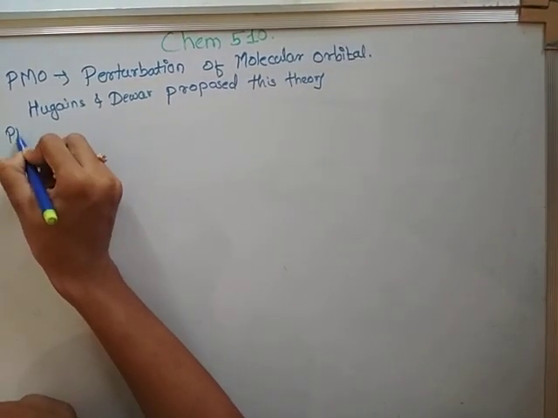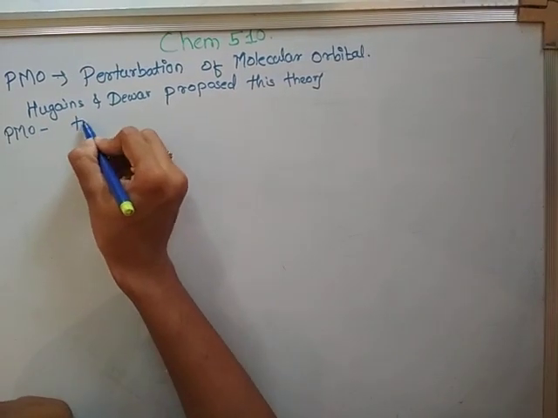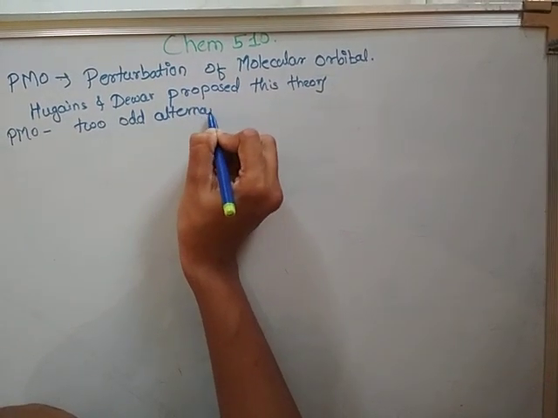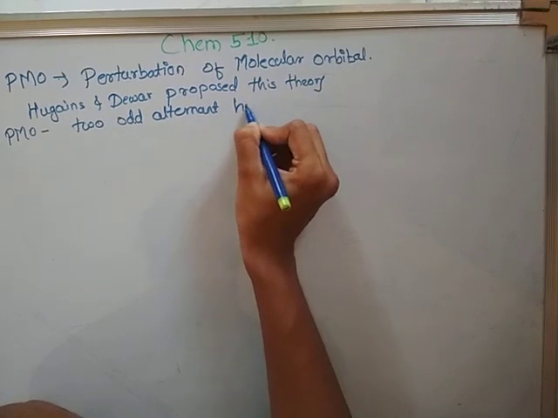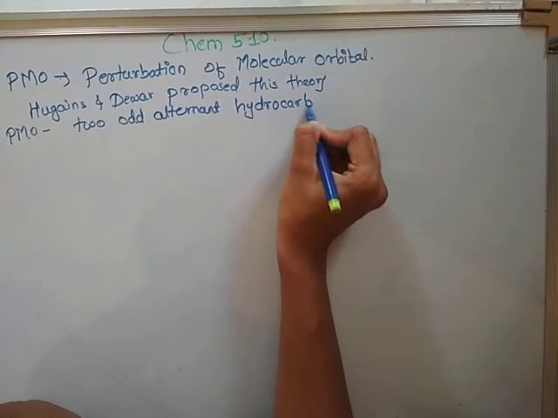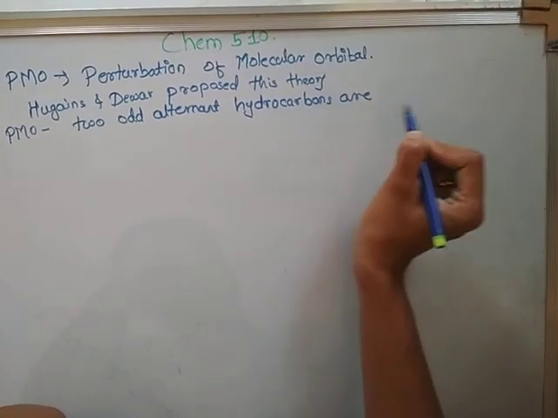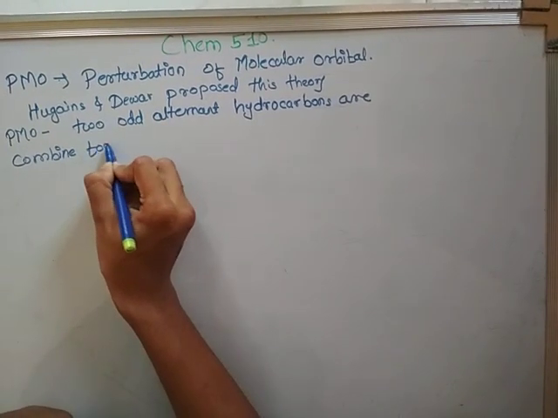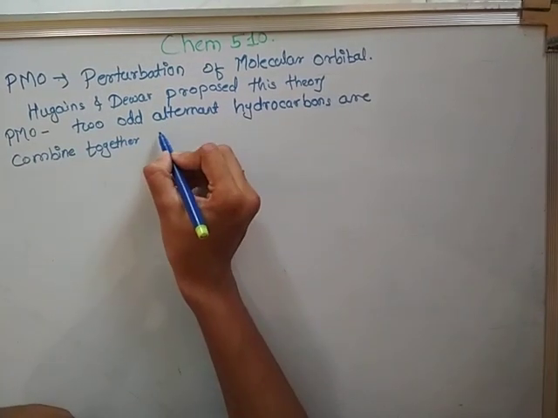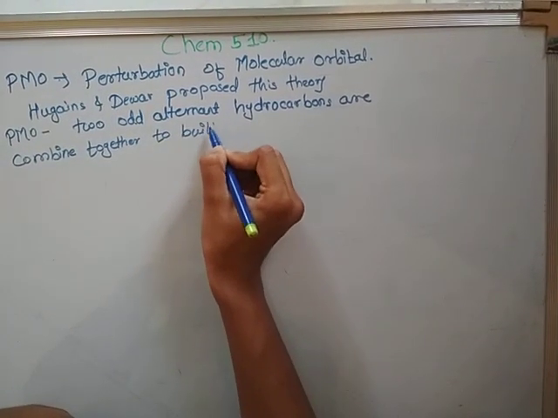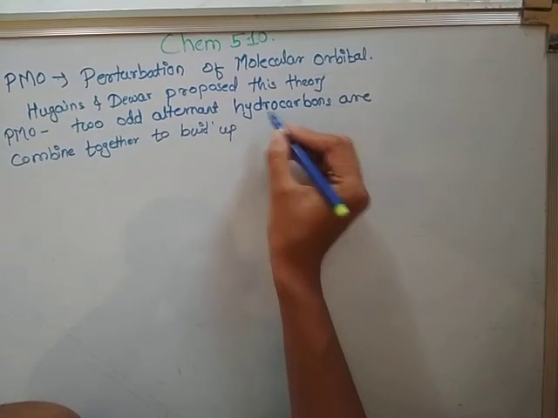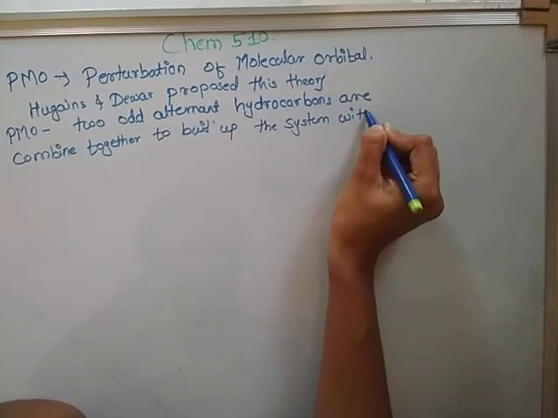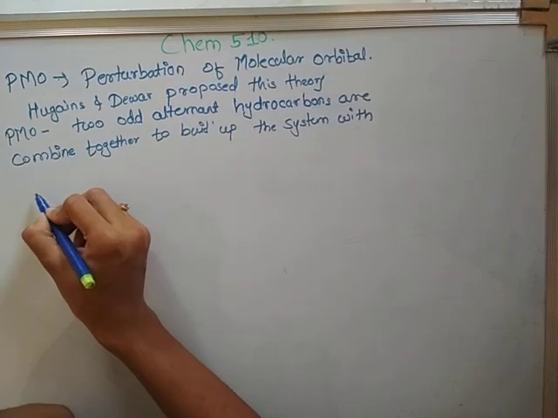Now, what is PMO theory? In PMO theory, two odd alternate hydrocarbons are combined together to build up the system with an even number of carbon atoms.